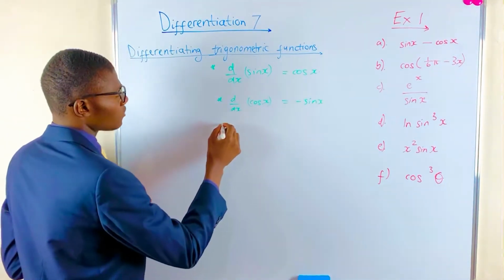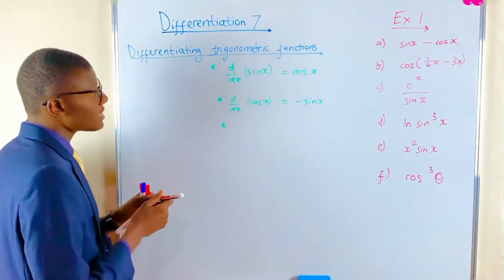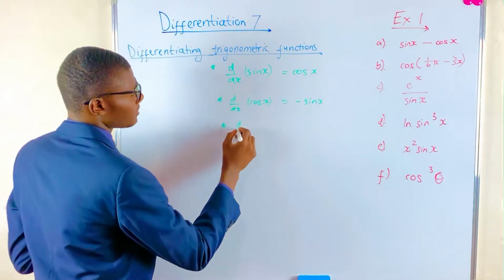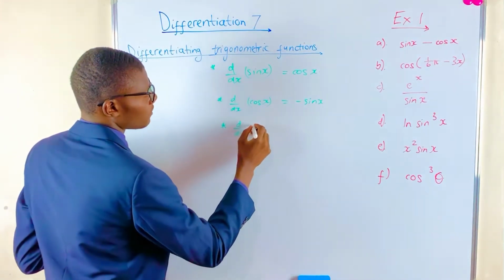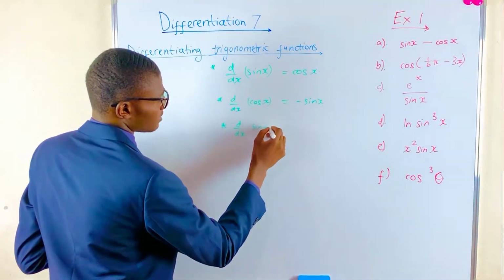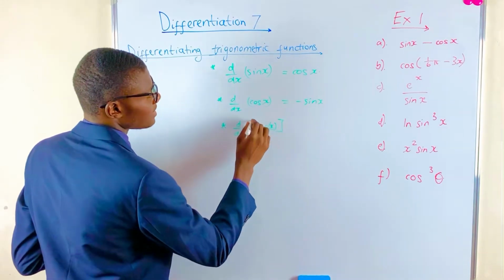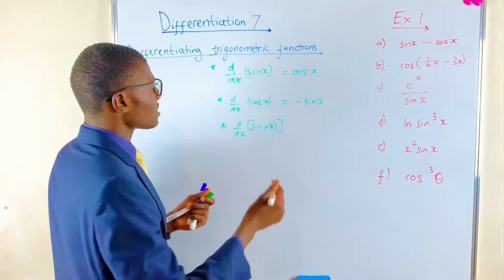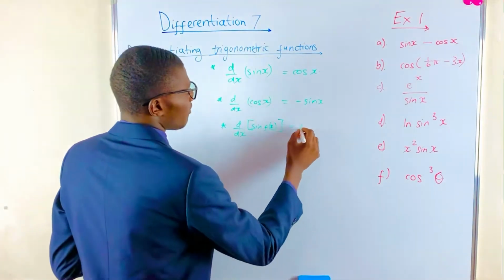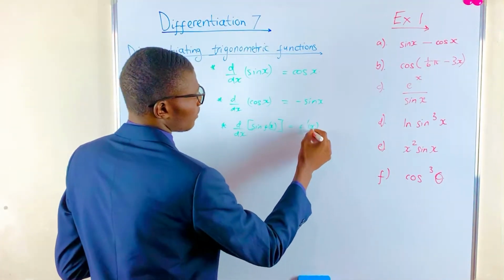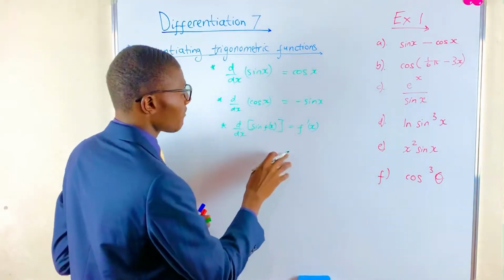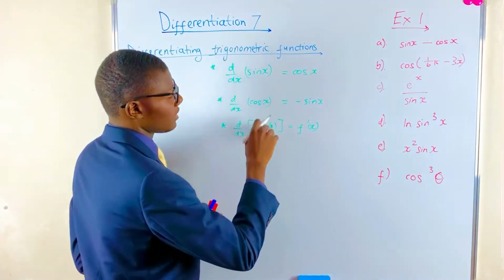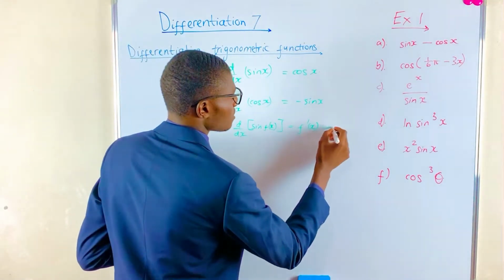Then the third one, such that the derivative of sine f of x, whereby f of x is any function of x, linear, quadratic, exponential, we say f prime x, this is now the chain rule, f prime x multiplied by the derivative of sine f of x, which is cos f of x.